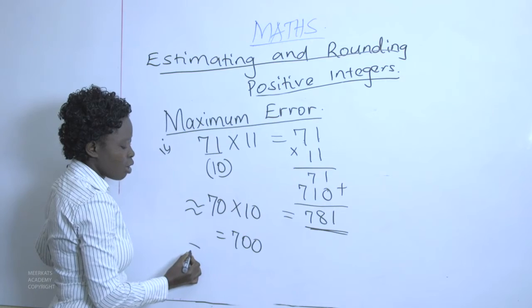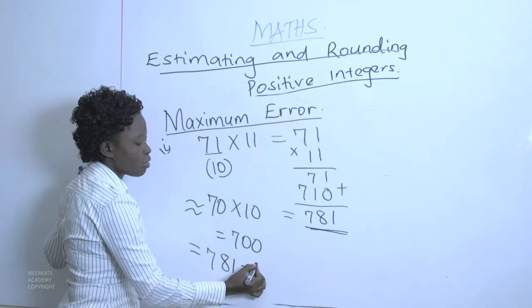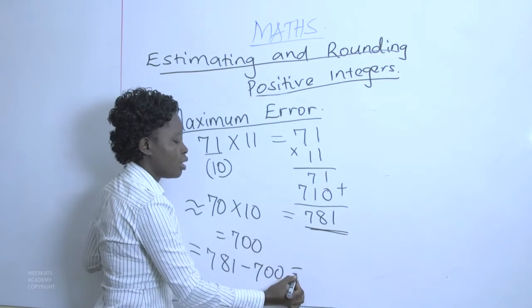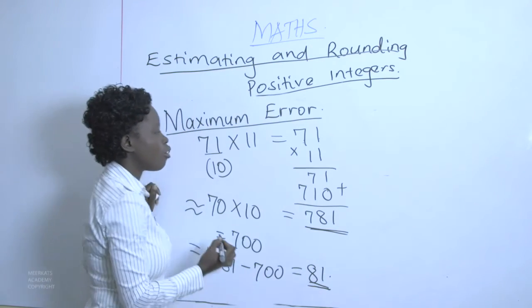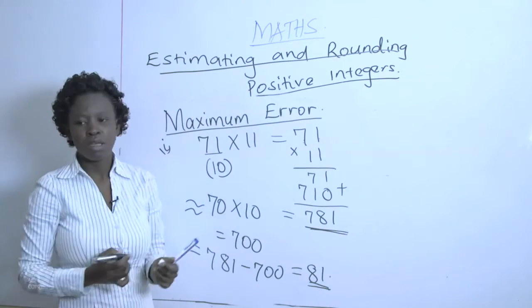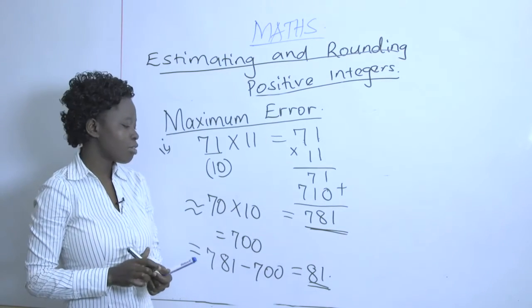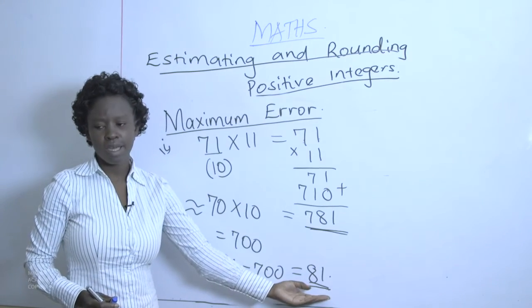In this case, we have 781 minus 700, which simply gives us 81. So in rounding off 71 times 11 to the nearest 10, we get a maximum error of 81.